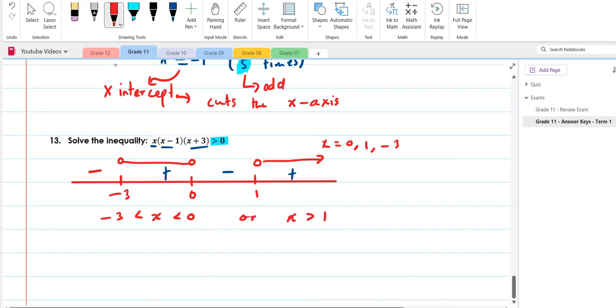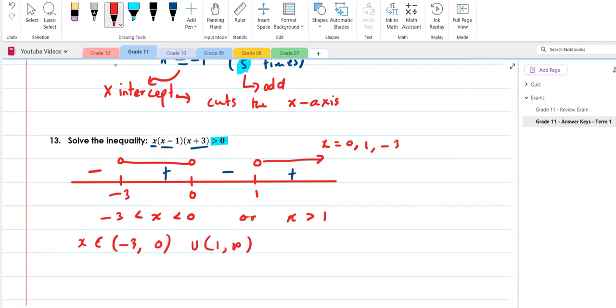And in interval notation, x is an element of (-3, 0) union (1, infinity). That's interval notation. You must know how to draw a number line solution, an inequality solution, and an interval solution. You must know all three, how to write them out.